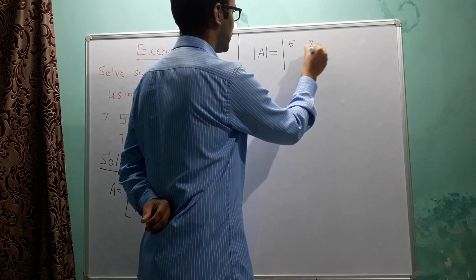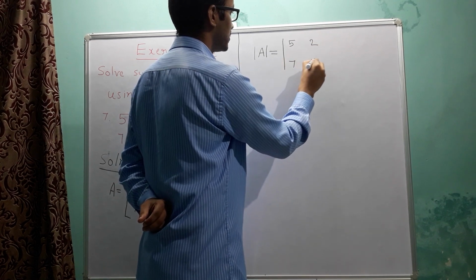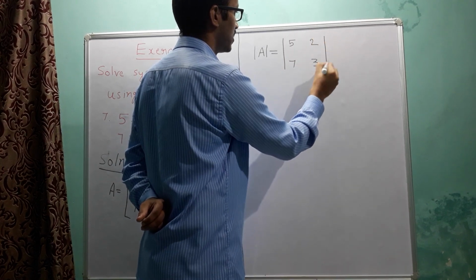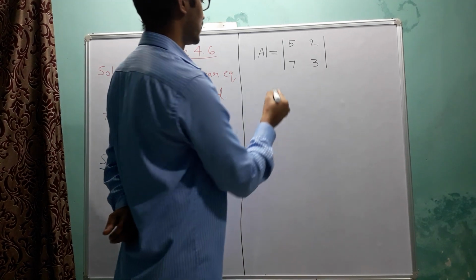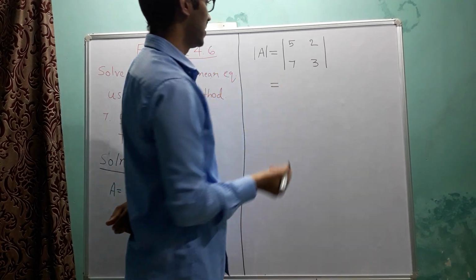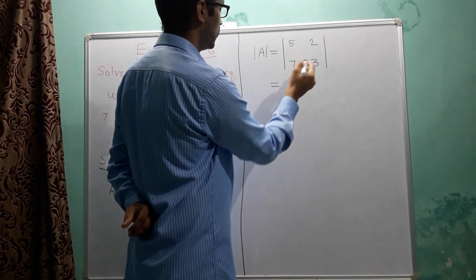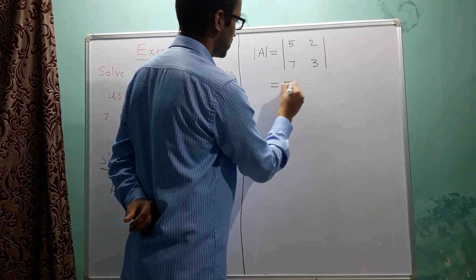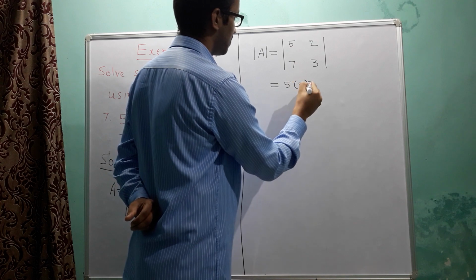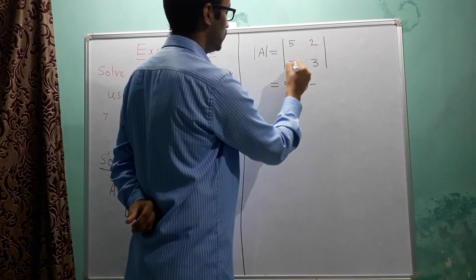If you expand the determinant, we get 5 into 3 minus 2 into 7.